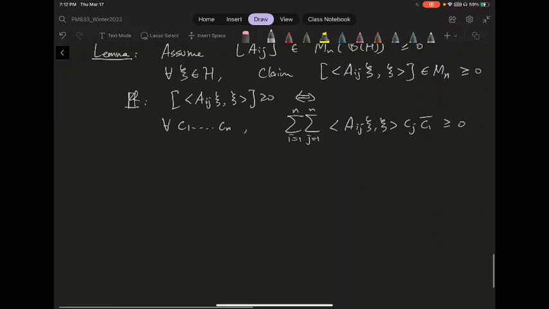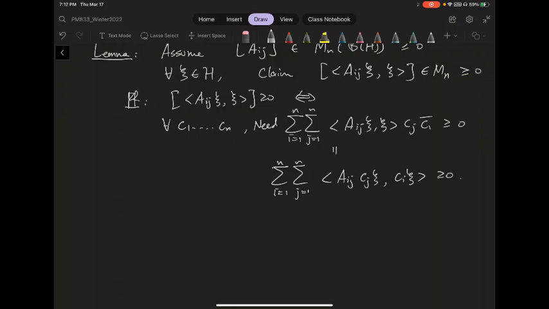But you can move these ci, cj inside this inner product, since the inner product is linear in the first coordinate and conjugate linear in the second. So you rewrite this double summation as the inner product of Aij cj psi with ci psi.